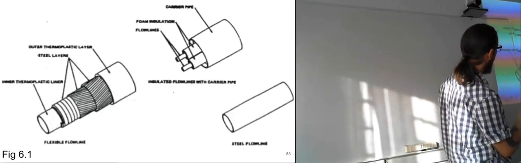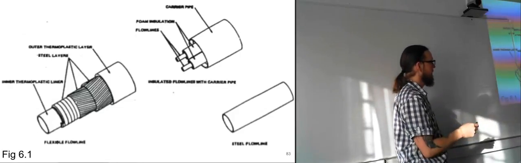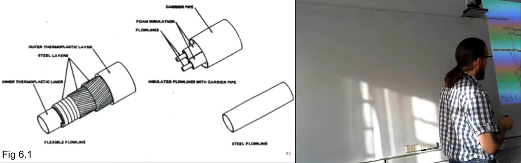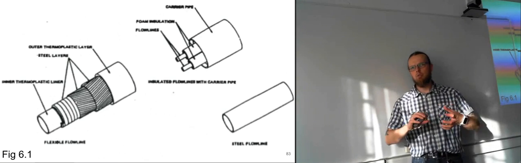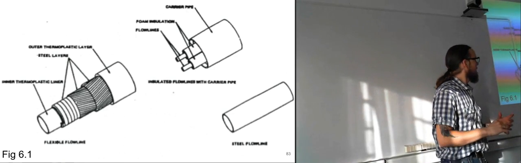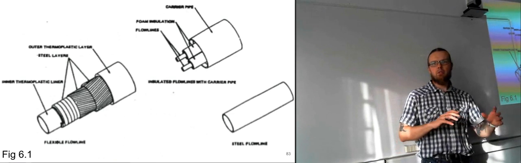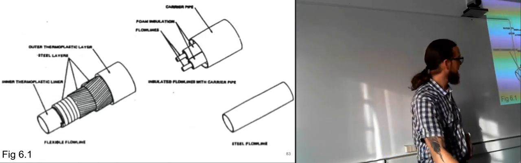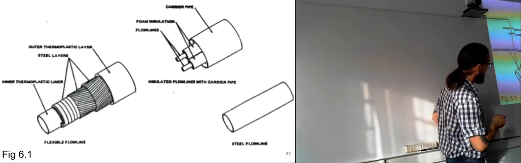And then you have the flexible flow lines. These are made more like a hose that you would see in hydraulic equipment and such. It is usually layered much like this.